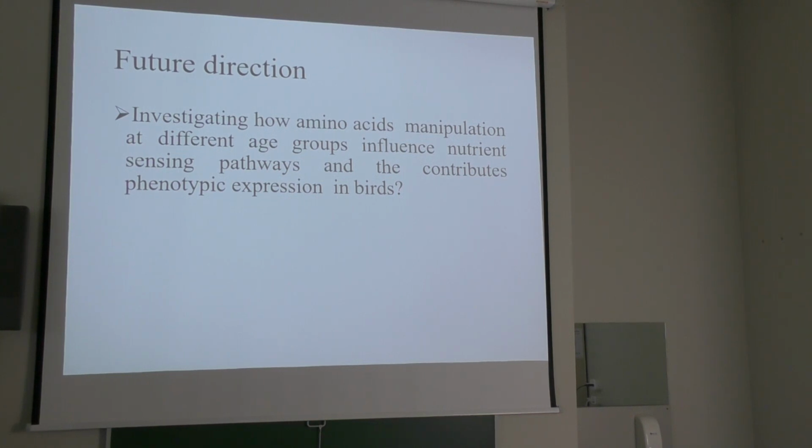That's a different approach: if you feed the mother and then investigate the chick, that's a transgenerational maternal effect. But we wanted to reflect how, if it happens, there is more allocation of specific amino acids to the eggs. So we approached it in this way, but not by feeding the mothers.